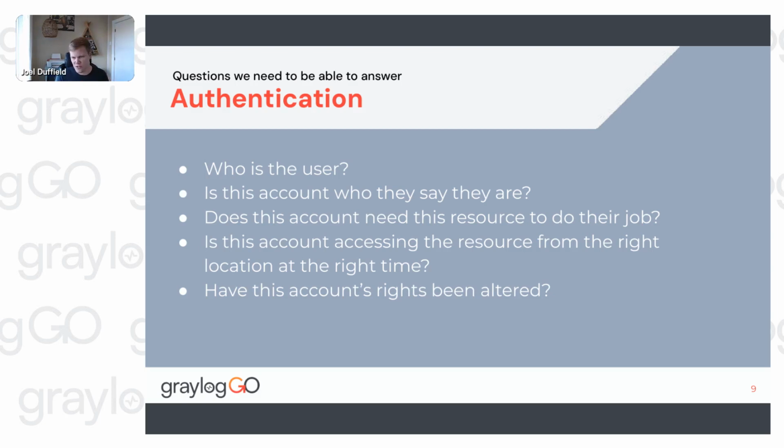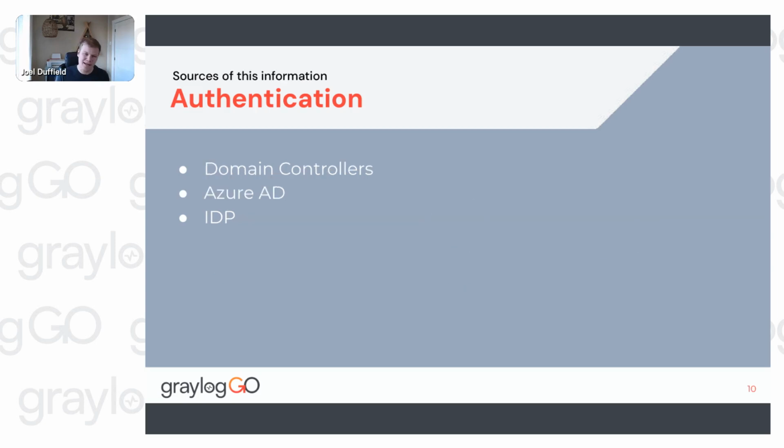Now, what are we going to use to be able to answer them? For authentication, the big ones are pretty straightforward. We're probably going to get this information from our domain controllers if we have them, from Azure Active Directory, Entra ID, something like that. The good news for most of these sources is that the information should come in a fairly structured way.